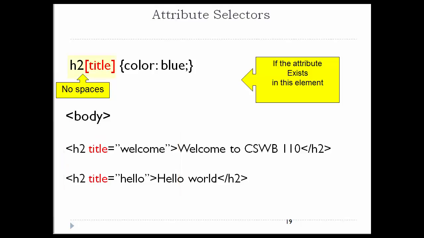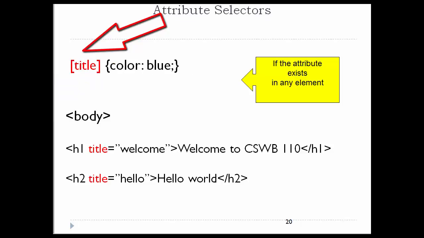So what our selector says, H2[title], and there are no spaces, it means that every H2 that has a title attribute will be the selector, and the styles on the right will be applied. It does not matter what the value of the title attribute is. In this example, the title attribute is directly tied into the H2. However, if it was sitting by itself, it would mean any title in any element. So be careful of that.